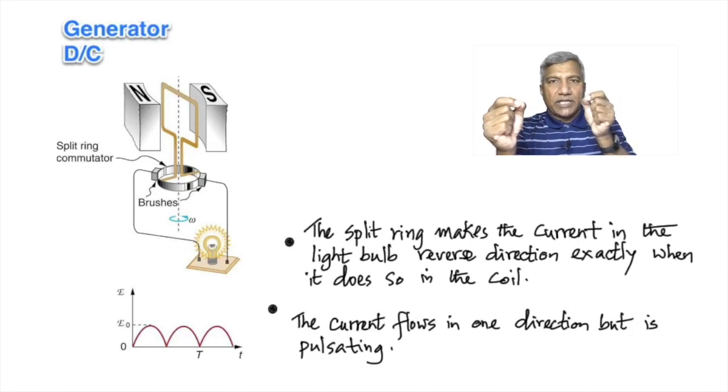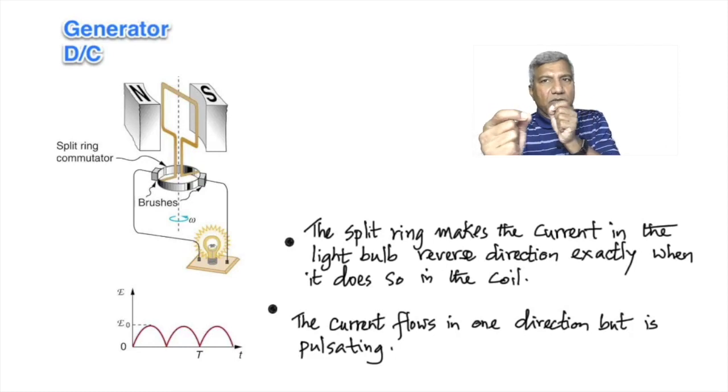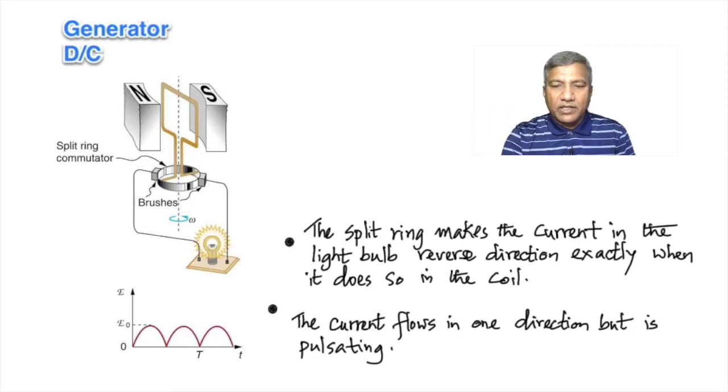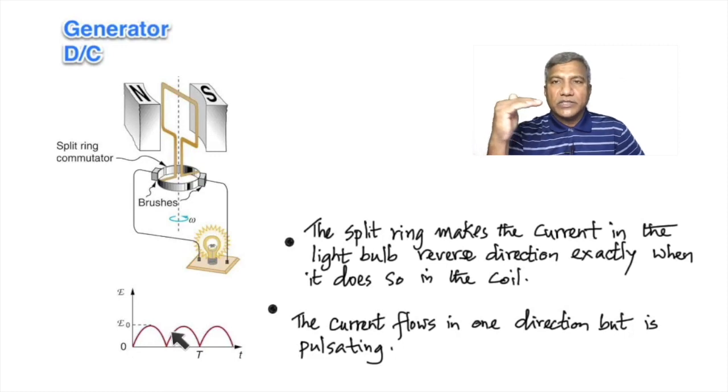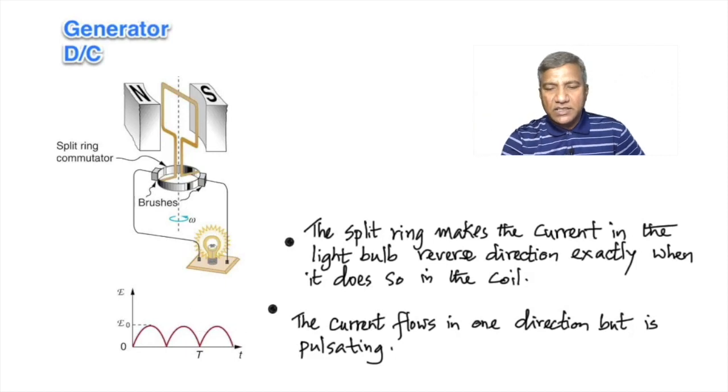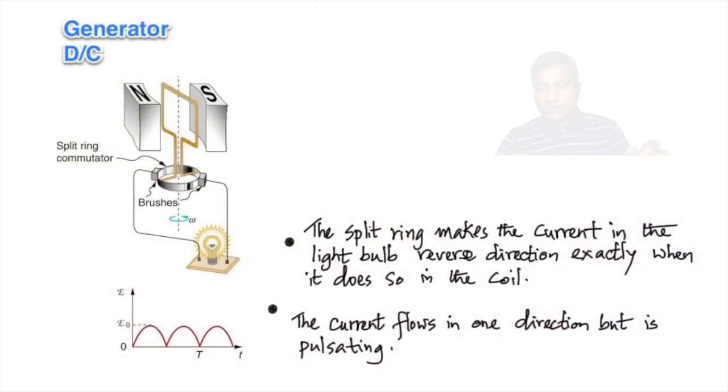As the coil rotates, the brushes are going to move, and when the current in the coil reverses direction, because of the split ring, the current in the external load is also going to change direction. So 2 negatives make a positive, and therefore you get current flowing only in one direction. It's not perfect DC, it's called pulsating DC, because it's not a constant magnitude. But what's important is the current flows in one direction only.